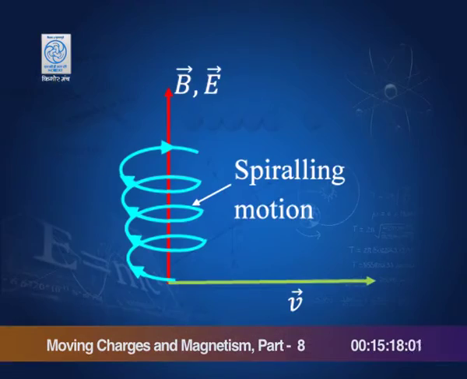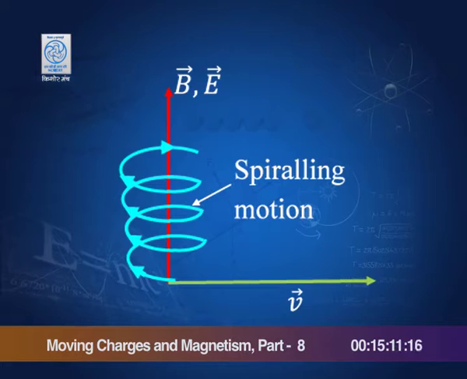So, a charged particle which was going like this now starts making a spiral motion. So, if both B and E are present, and v is like this and B is like this and E is also like this, then a positively charged particle would go in a spiraling motion.